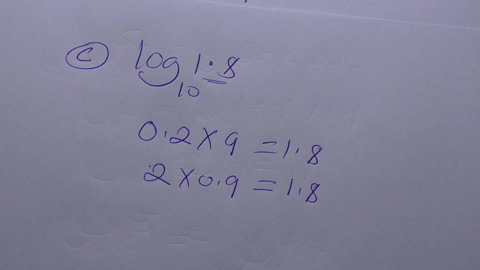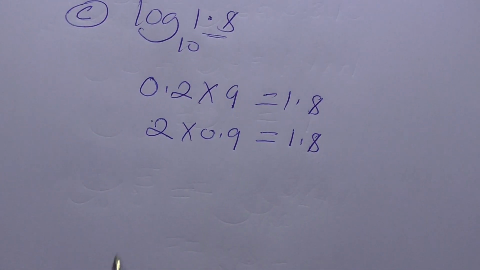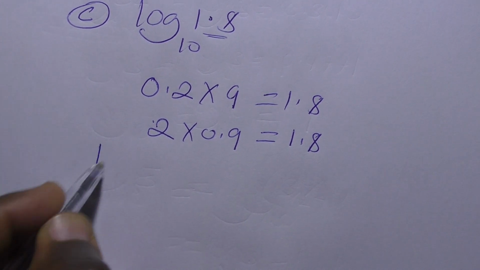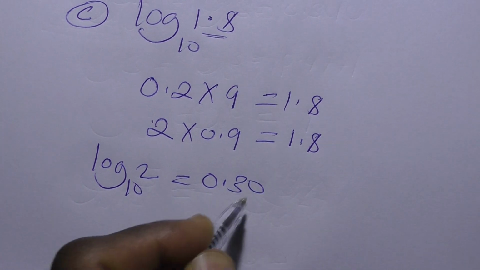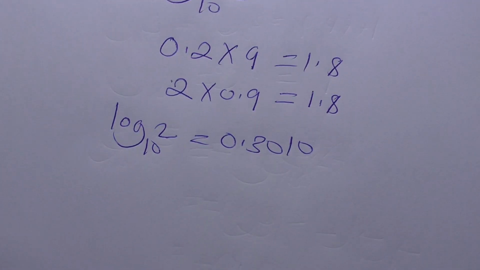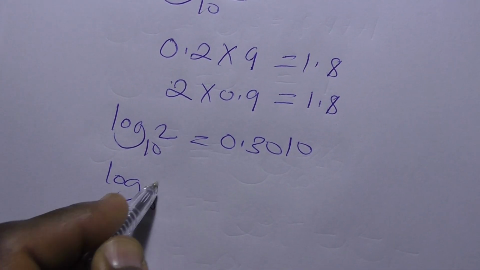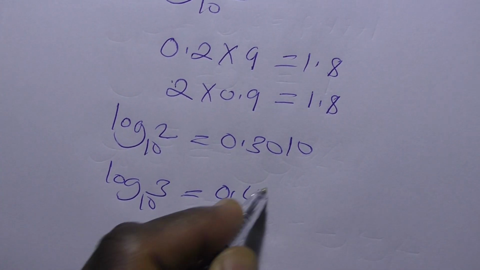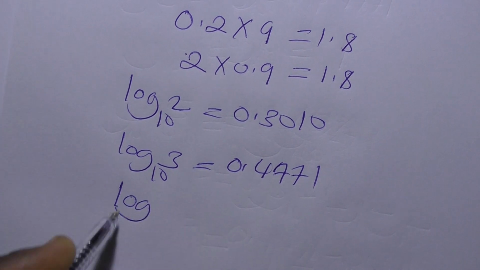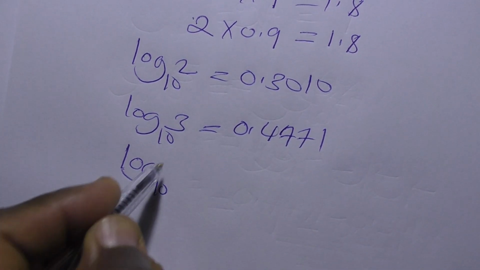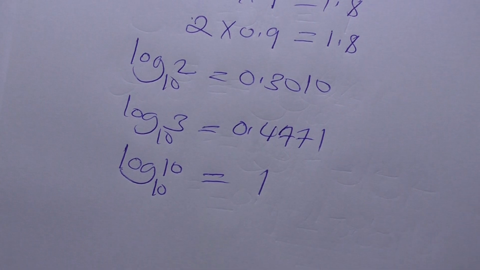But don't forget, we have the given information, which says that log 10(2) equals 0.3010, and log 10(3) equals 0.4771, and it may be our own that we have created, log 10 equaling 1.